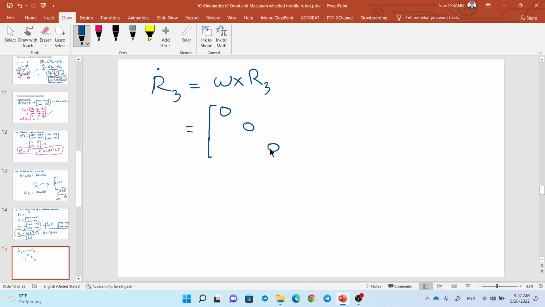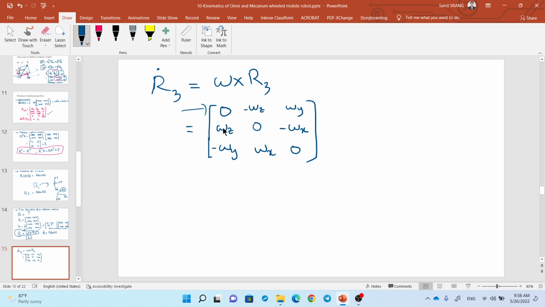Omega cross is a skew symmetric matrix with omega z, minus omega z, omega y, minus omega y, omega x, minus omega x, and zeros.